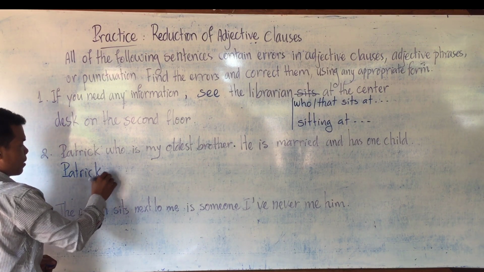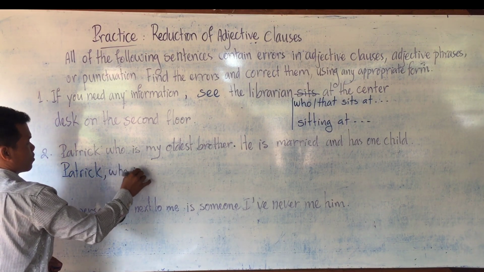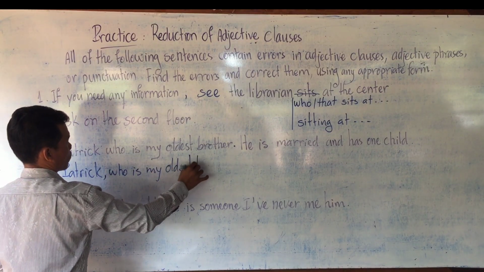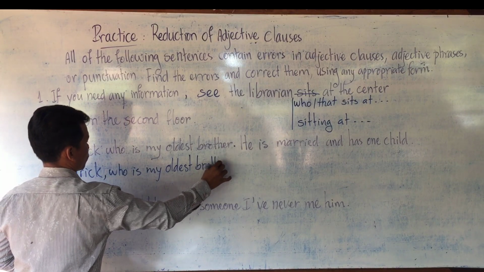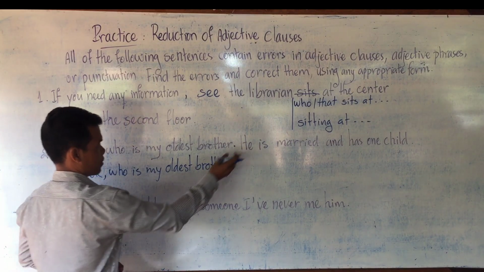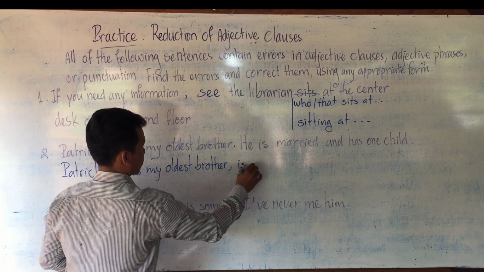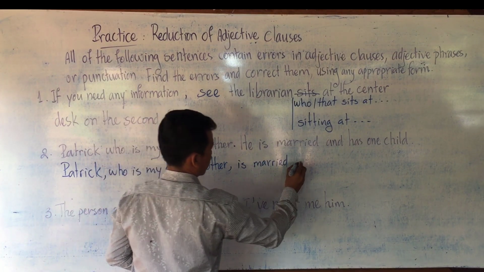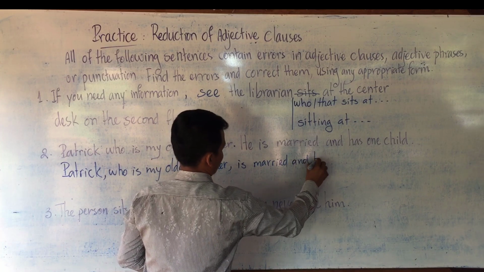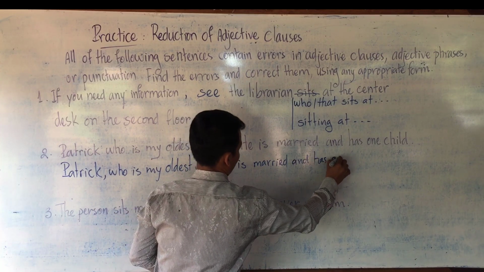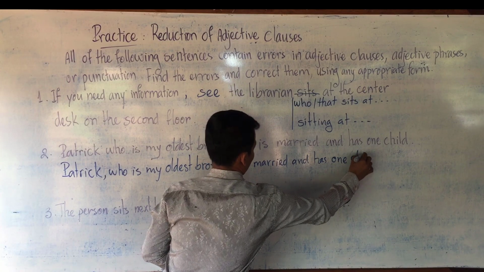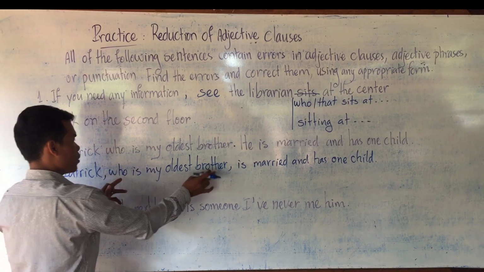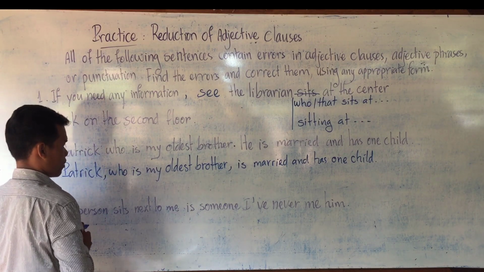Patrick, comma, who is my older brother, comma, is married and has 1 child. From who to older brother is an adjective clause.